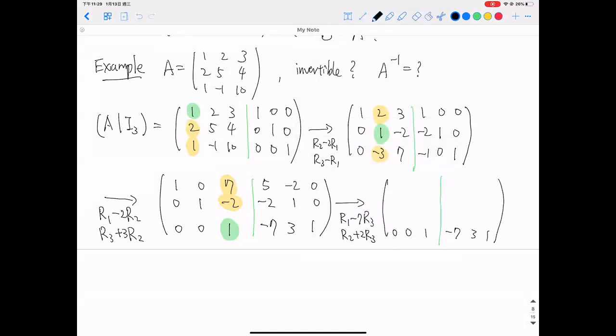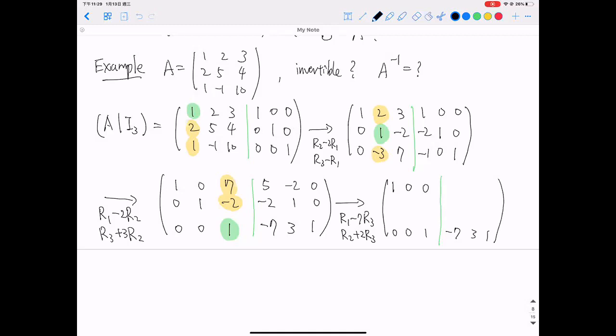So now R1 minus 7R3. 1 minus 0, that's 1. 0 minus 0 is still 0. 7 minus 7 is 0 as intended. 5 minus, okay, now this is tricky. 5 minus 7 times 7 is 49, but it's a negative.